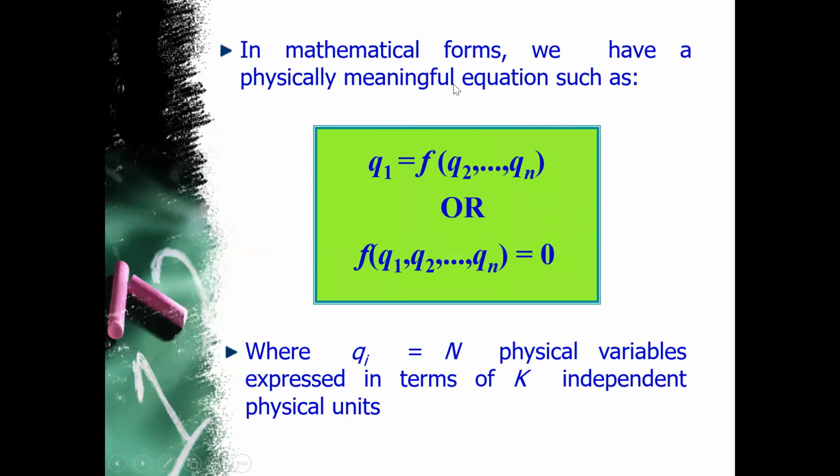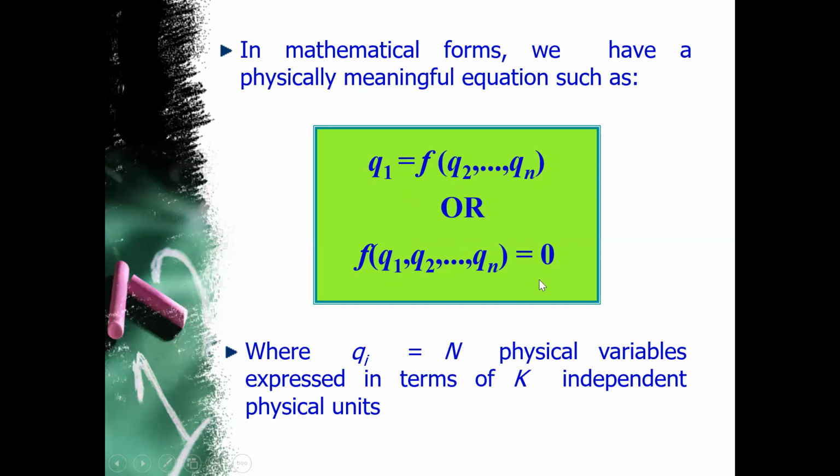So in mathematical form, we have a physically meaningful equation such as this, where Q1 is the dependent variable, this is a function sign, and all the independent variables, all right? We can also write it this way, where we put everything in here, including the dependent variable, and just set it equal to 0.